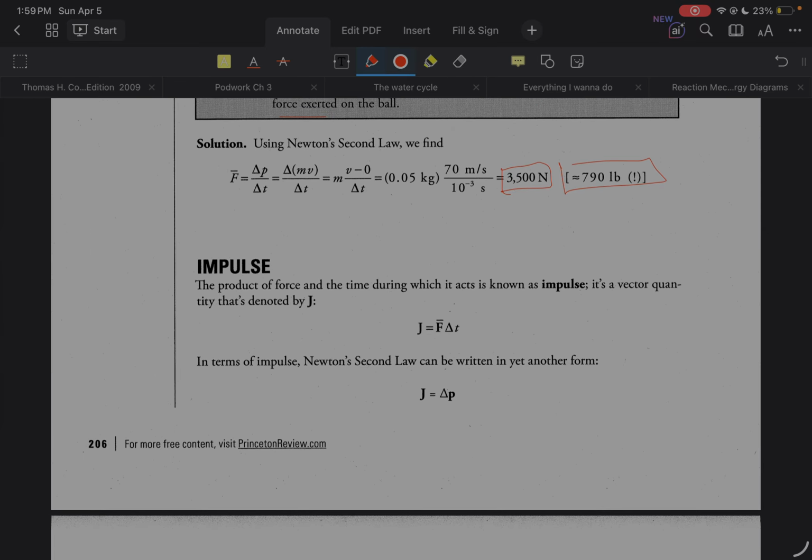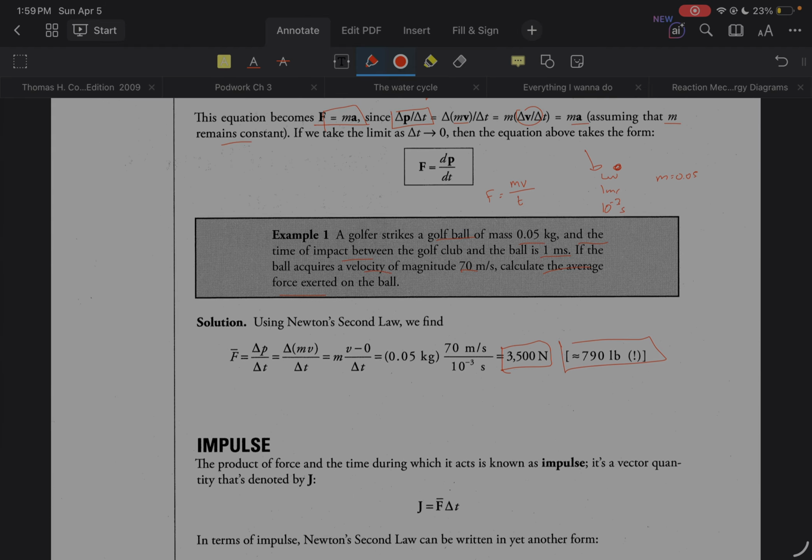Impulse. The product of a force and the time for which it acts is known as impulse.